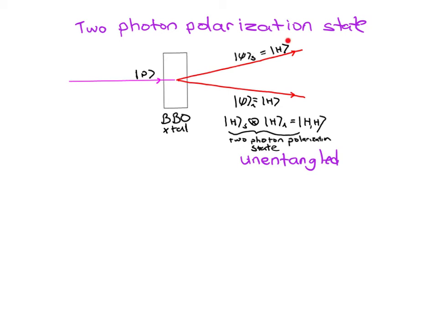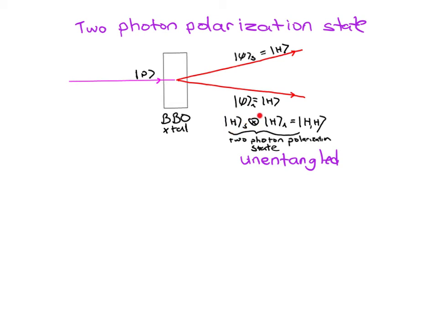We call them the signal photon and the idler photon, so there are subscripts S and I here to stand for signal and idler. We could think of the signal and idler photons as existing in two separate worlds, two separate Hilbert spaces mathematically.